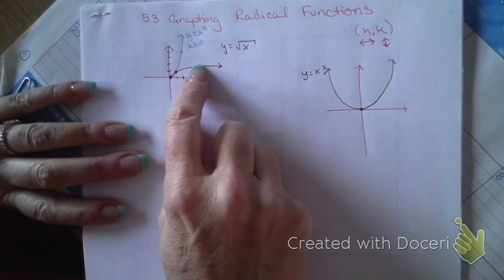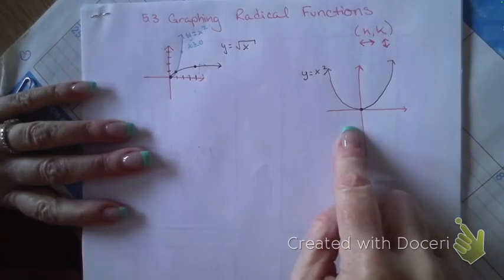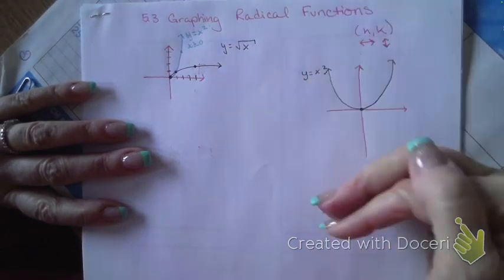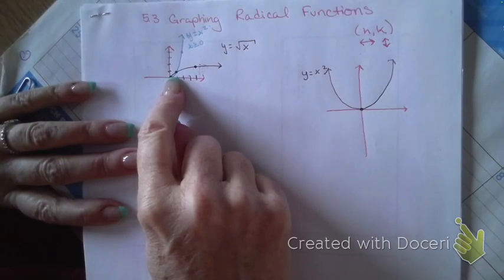So when we had a parabola, we moved 0, 0, we moved it left, right, up, and down, yes? And then drew our shape, and we reflected it. So can we do the same thing here and still with 0, 0? Yes. We're still going to move that vertex.